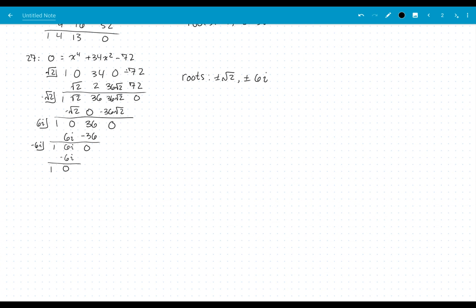However, in the case where all of your functions are even, okay? So we have an even monomial, and then an even monomial, and then a constant, which is an even monomial. If we have something like this, then we're going to have an axis of symmetry, and that axis of symmetry is going to be at 0.